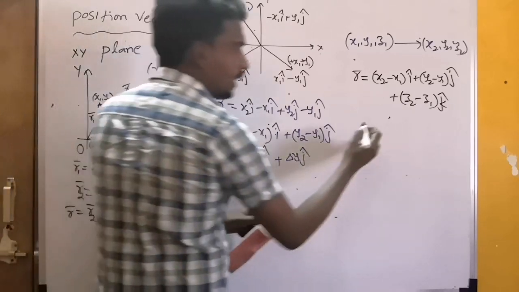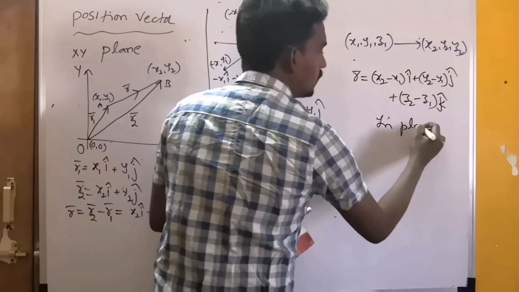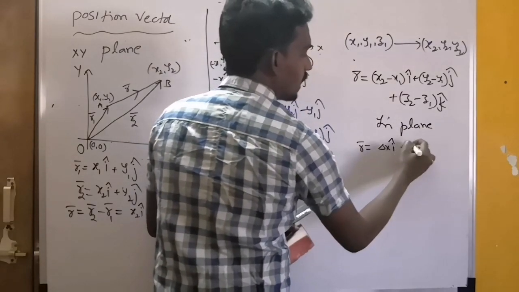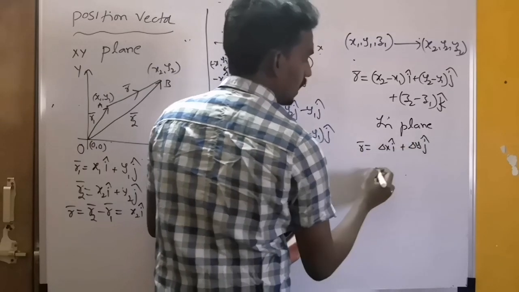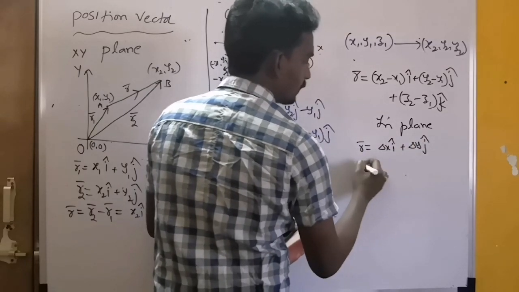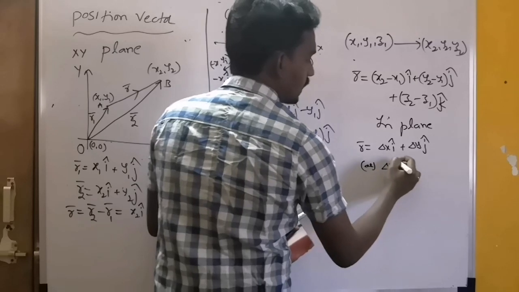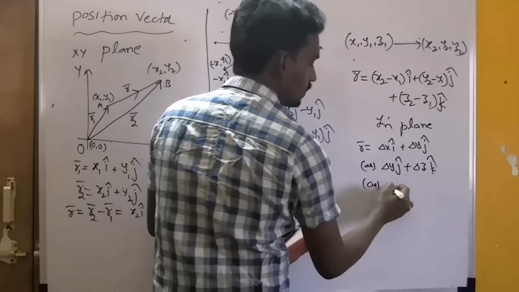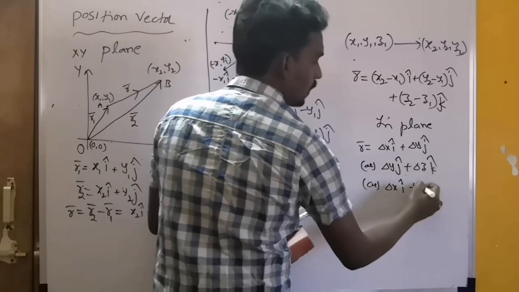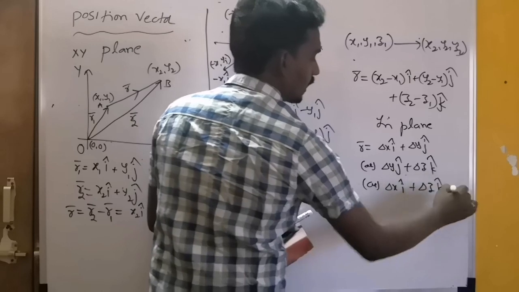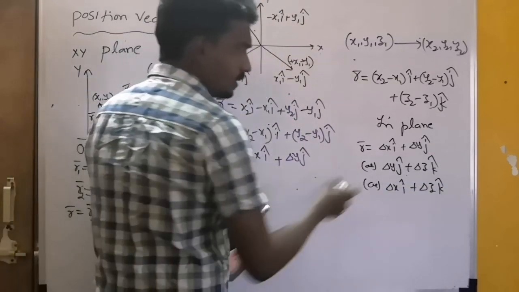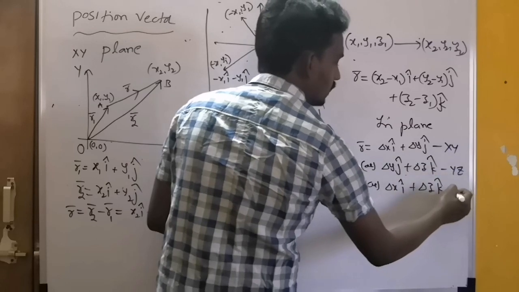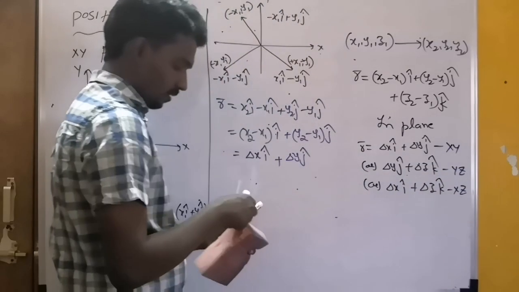So that's why in a plane r bar can be delta x i cap plus delta y j cap, or else delta y j cap plus delta z k cap, or else delta x i cap plus delta z k cap. This is the xy plane, this is the yz plane, this is the xz plane.